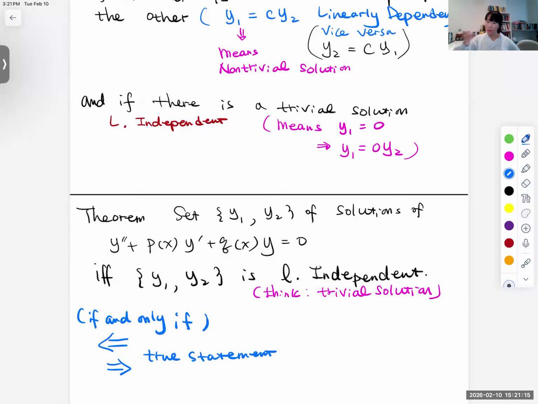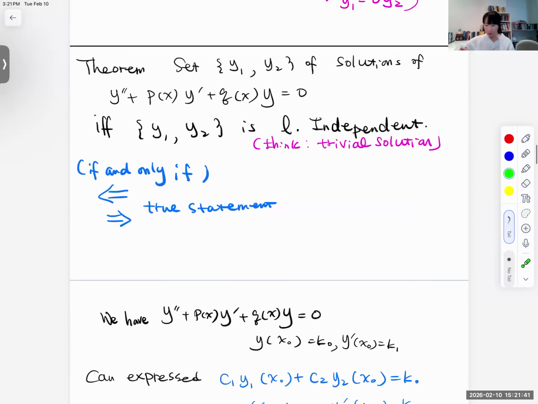Yeah, we learned this one from previous courses, right? Okay, so homogeneous differential equation, that is a linear second order, right? And then y sub 1, y sub 2 is linearly independent, right? So think about trivial solution.